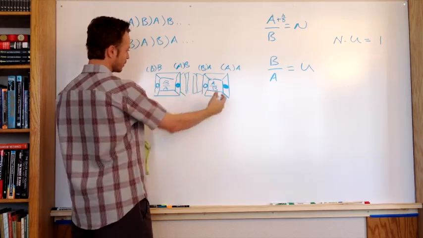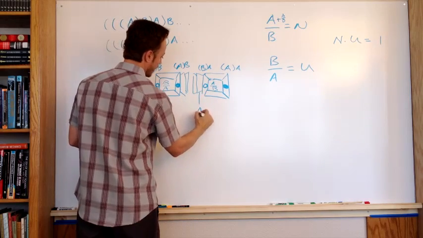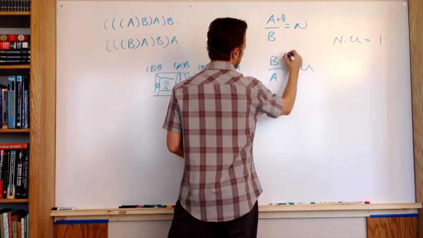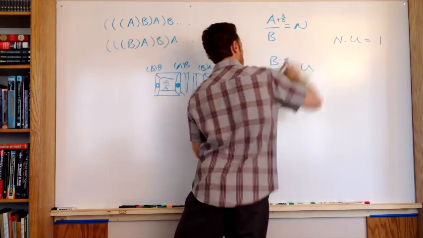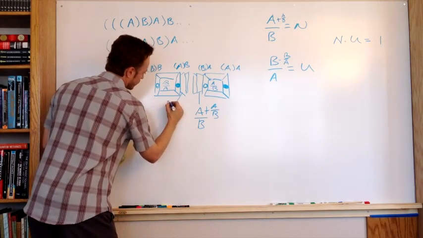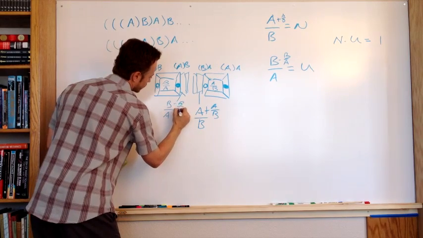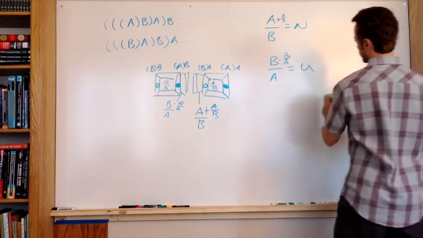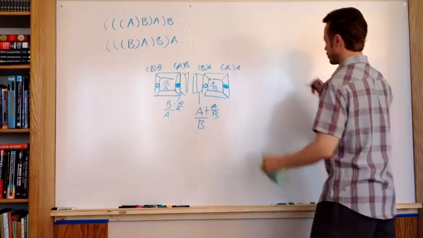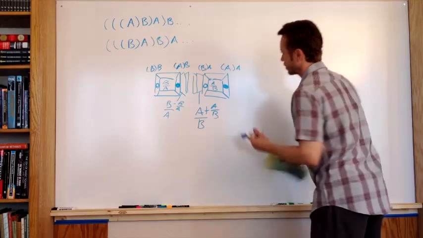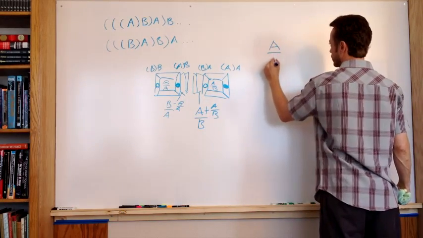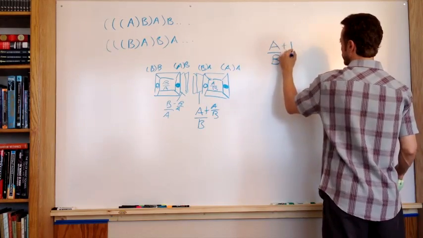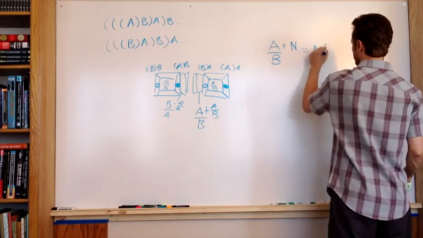So the first one would be A over B. So the next set of frames of reference then would be A over B plus A over B. And over here, we'll just go ahead and take a little away, so this would be B over A minus B over A. And so what's going on is that we've got A over B plus A over B, which is more or less N. So we have A over B plus N equals N prime.